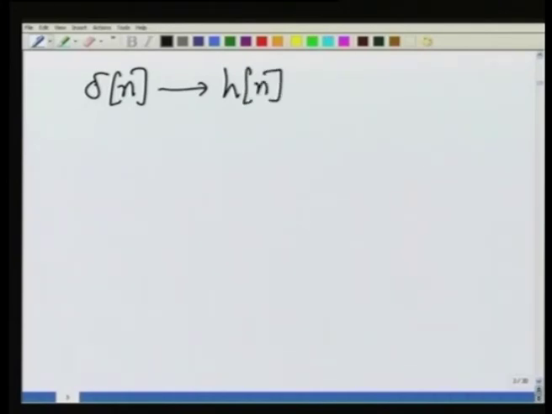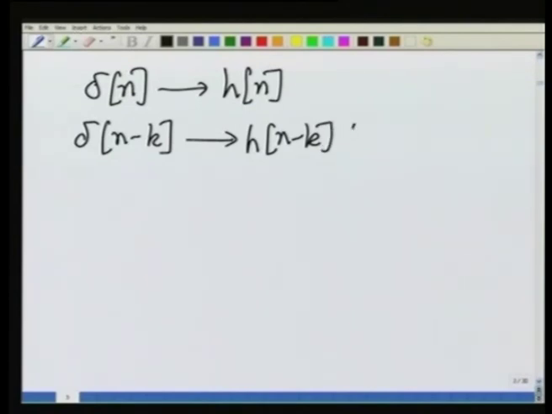So, if I shift delta n by some time k and apply it to the same system, because of time invariance the output cannot be something altogether new, it has only got to be a correspondingly shifted version of h n. So, if I apply delta n minus k to the system, I should get correspondingly h n minus k.